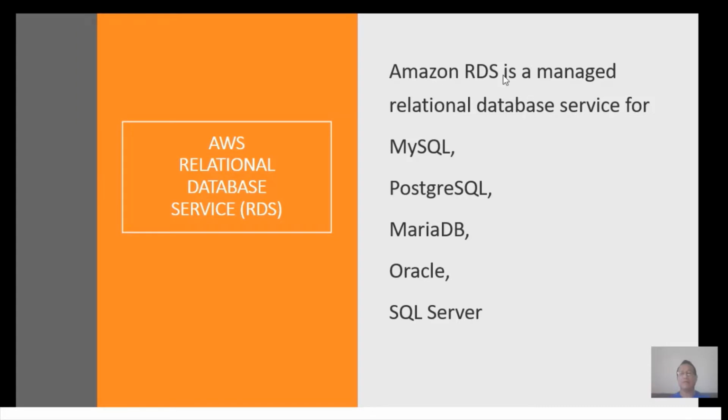Now, fully managed means you create the database and after that you don't have to do anything. You don't have access to the host that is hosting your database. You can only connect to the database. It will be running by itself, so it will be highly available. So this is what a fully managed database means.